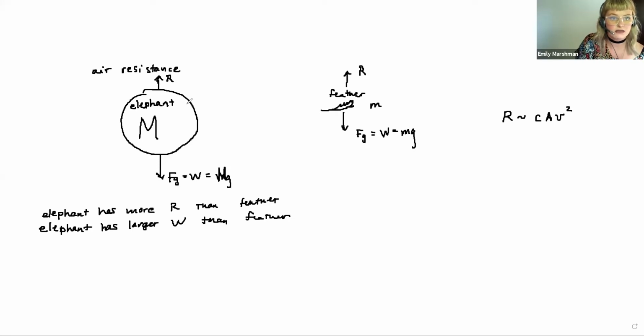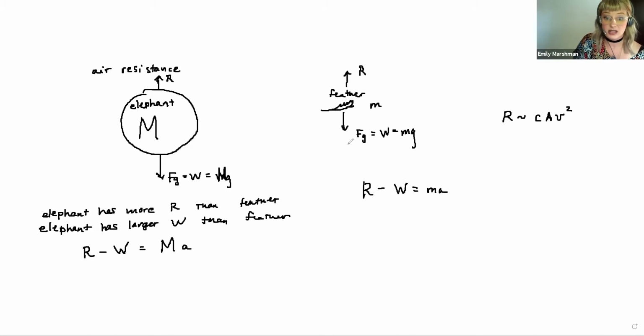So if I look at the net force acting on each of these items, I've got the air resistance pointing up, the weight acting downward, and that should be equal to the object's mass times its acceleration. The feather, as it drops, its weight is very small.